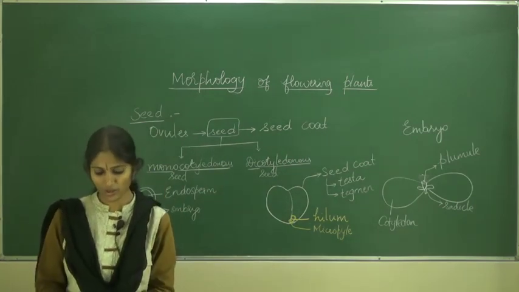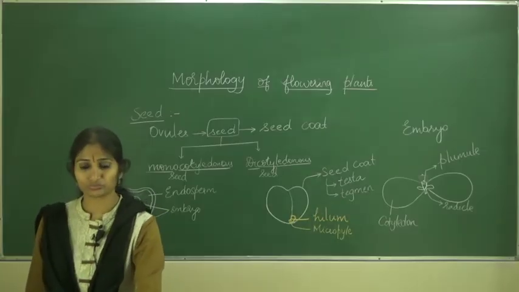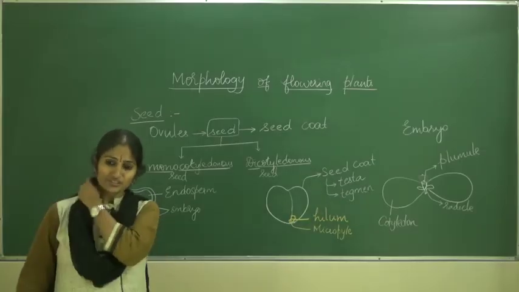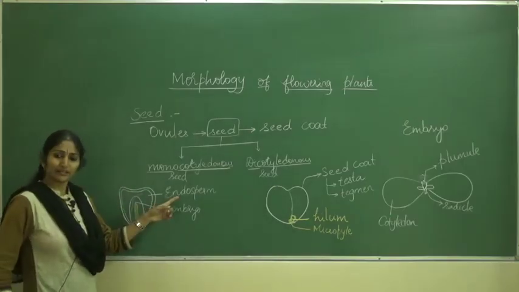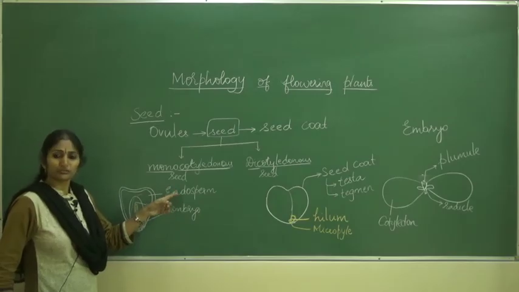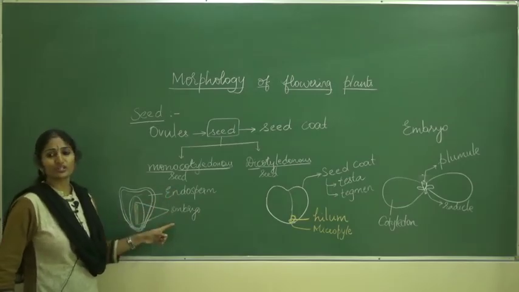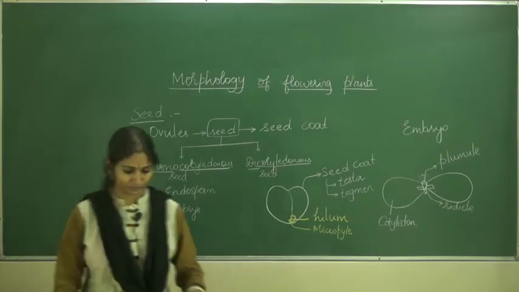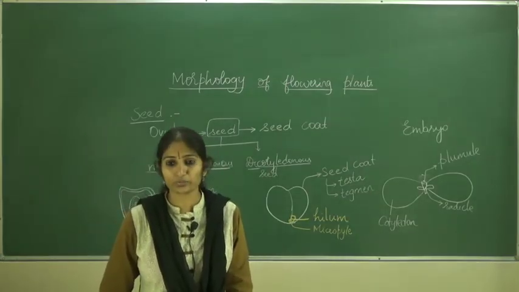I will tell you more about this endosperm after I finish the entire seed structure. As of now, just know that endosperm is basically that part of the fruit which provides nutrition to the growing embryo. You just get to know that there is this endosperm.